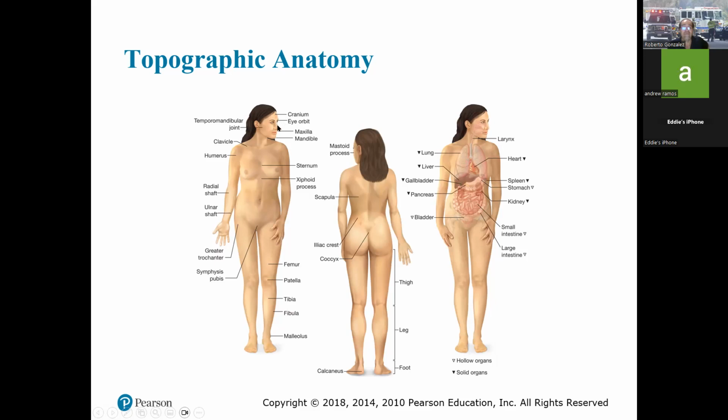But when we're dealing with the facial area, we deal with the frontal, which makes the upper orbits, the eye sockets where the eyeballs are. The maxilla, which is a non-movable joint, and the mandible, which is a movable joint. Of course, you have the sternum and everything else.